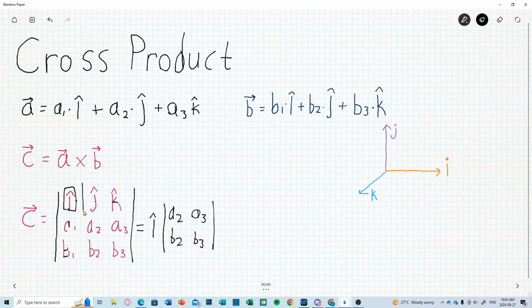And now we're going to find j, which will cross out the i, the j, and the a2 and b2. If you remember, you have to use subtract here, because we have to alternate between positive and negative. So we're going to have the unit vector j multiplied by the matrix of a1, a3, b1, and b3.